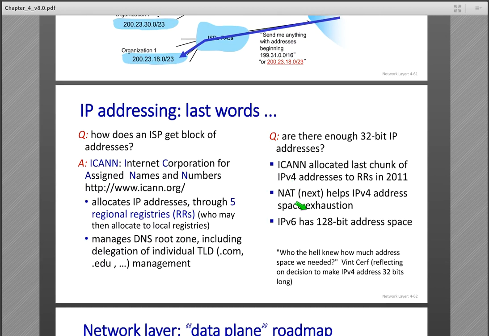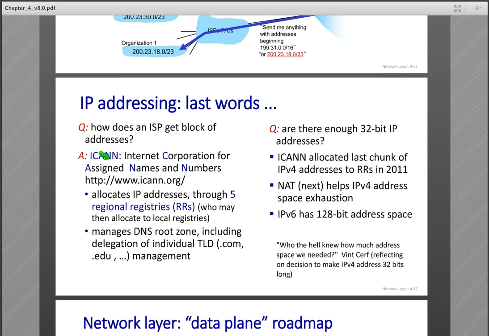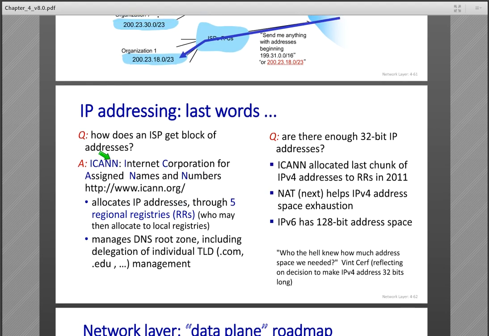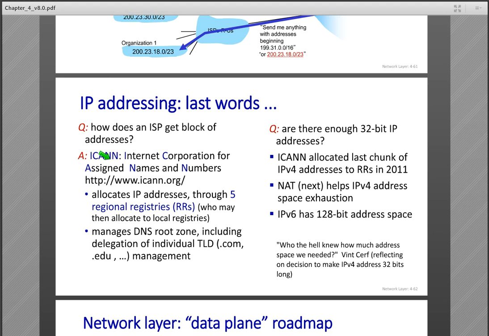About NAT, IP addressing, and other things, you can follow the instructions defined by ICANN, the Internet Corporation for Assigned Names and Numbers. It's an international organization which registers all the IP addresses assigned to different companies, organizations, and networks.